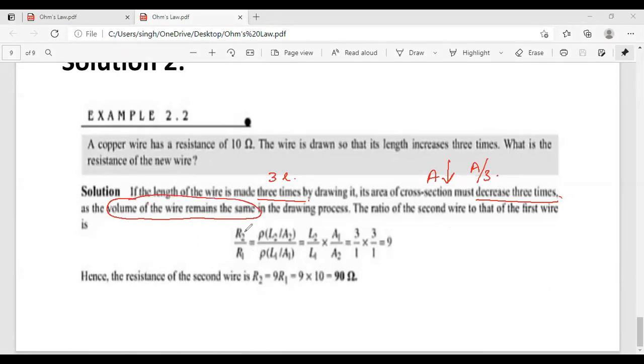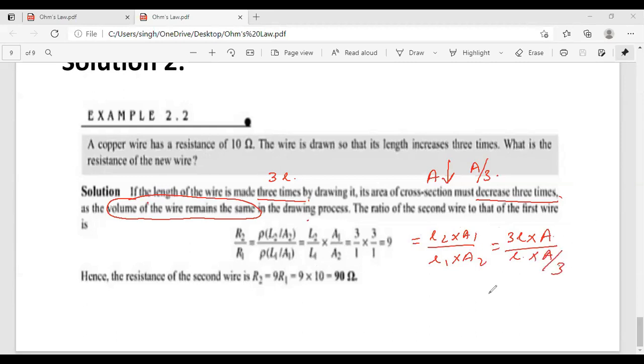The same thing they have tried to assign using the values rho L by A. We know that the new length is always 3L, so we have L2 into A1 upon L1 into A2. The new length is 3L, the area let's suppose is A, length is L, and the new area is A by 3.